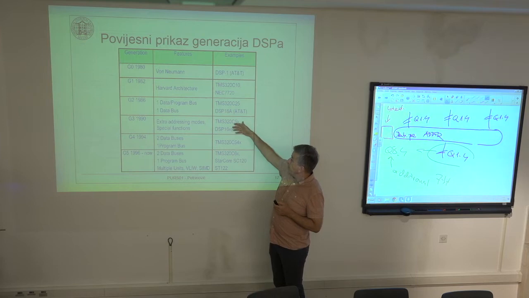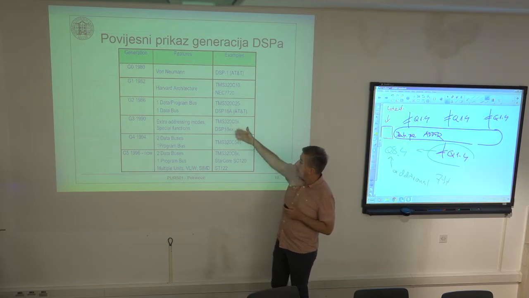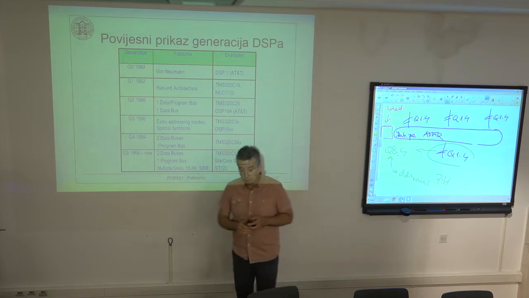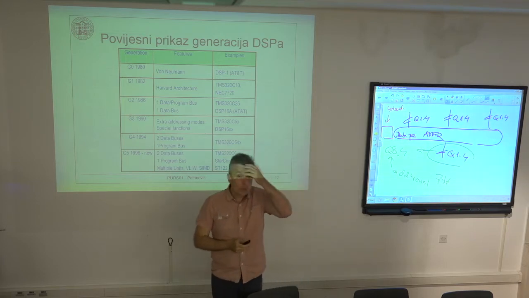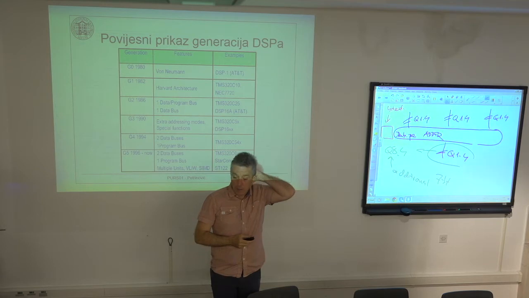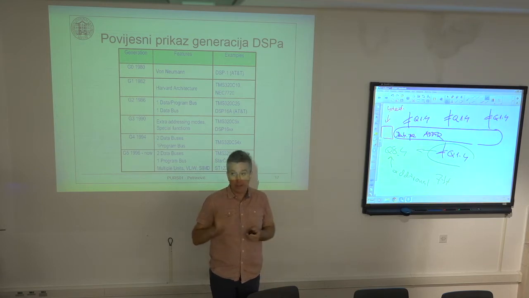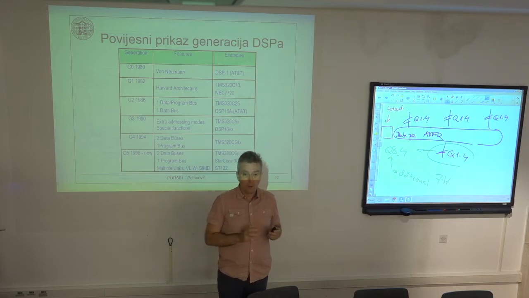At the end of the 80s, at the beginning of the 90s, we already had third and fourth generation and so on. Nowadays, typically you would not see DSPs as a dedicated single chip CPU.